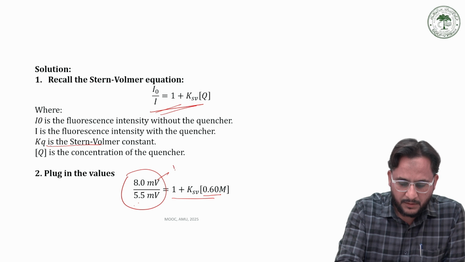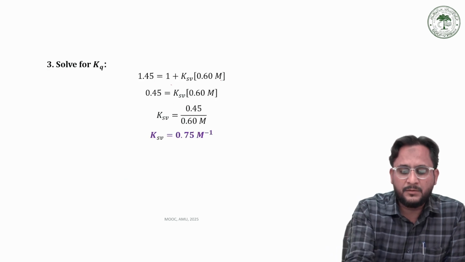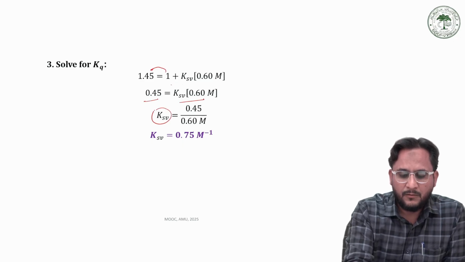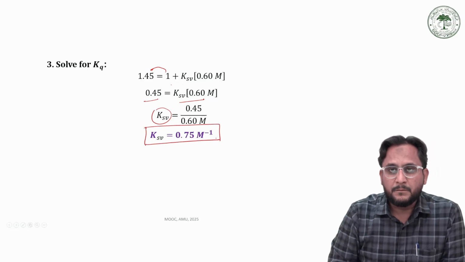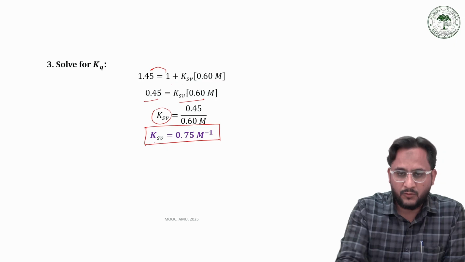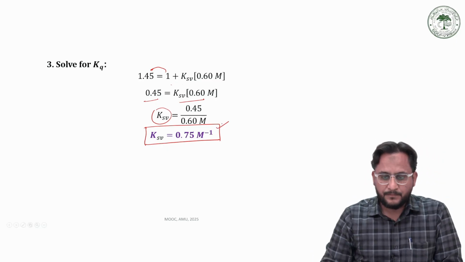We divide it, we get 1.45. This is 1.45 equals 1 plus KSV times 0.6 molar, then we subtract, we get 0.45. We solve this, and the value of KSV is 0.75 per mole. The Stern-Volmer constant comes out to be 0.75 mole inverse.